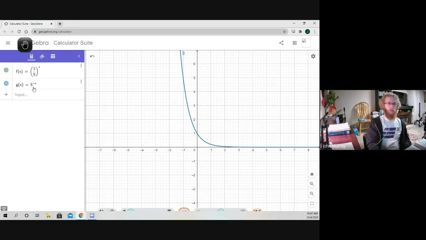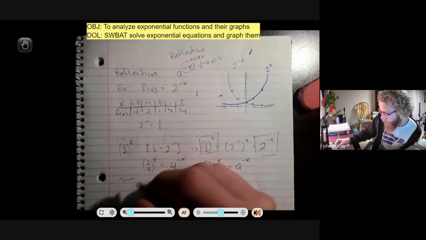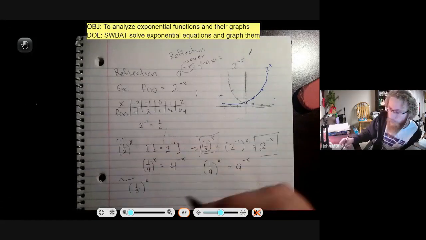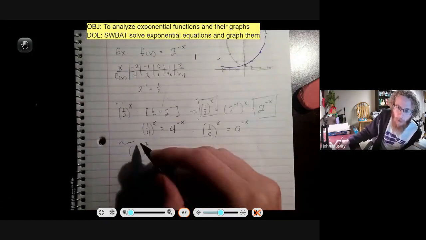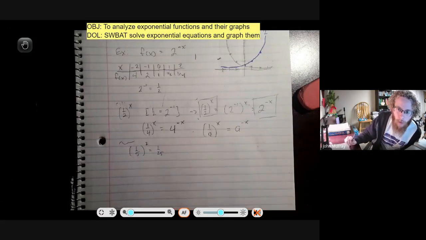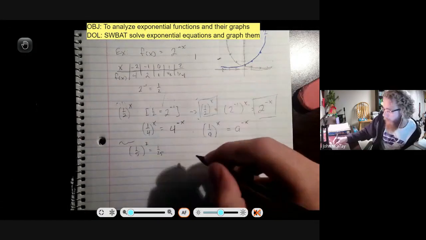If you don't like dealing with fractions, you could change that to a negative exponent, and it would behave the same as what we saw. So 1/5, if we were doing it algebraically, if I did 1/5 squared, well, I would square the numerator and the denominator, and I'd get 1 over 25. So that matches up with what we had on our graph.